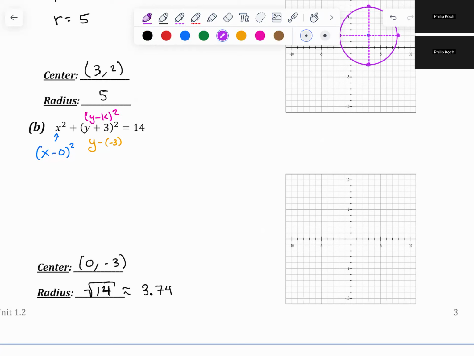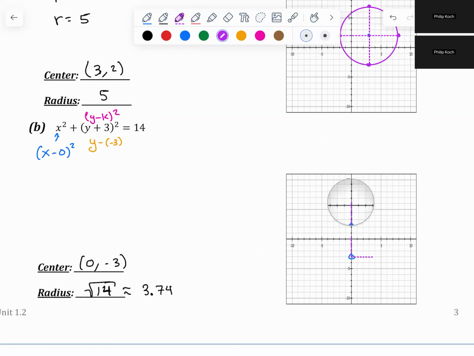So 0, -3, plot our center. 0, -3 is right there. We'll go out 3 1/4, essentially. Right to about there, plot our point. Same thing up here, 3 1/4, 3 1/4, 3 1/4.